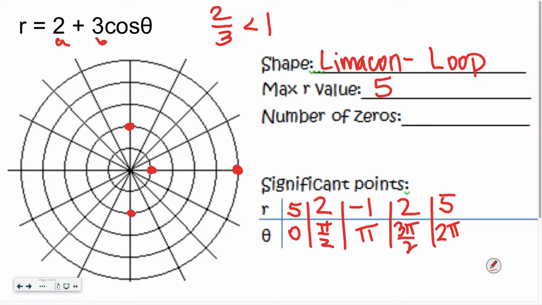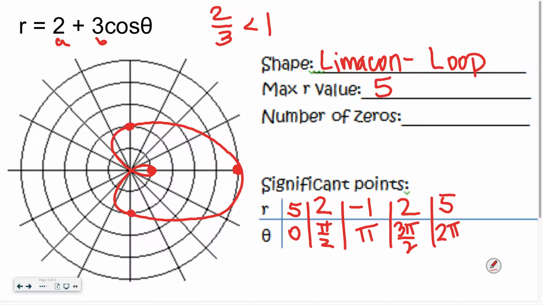Okay. Start at theta equals 0. And then does our loop go through the pole? Yes. The loop goes through the pole. I'm going to be picky about that. Make sure that loop goes through the pole and it comes out a little bit more than those vertical points.